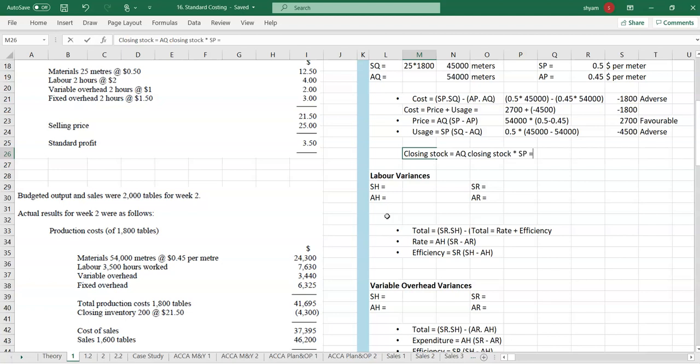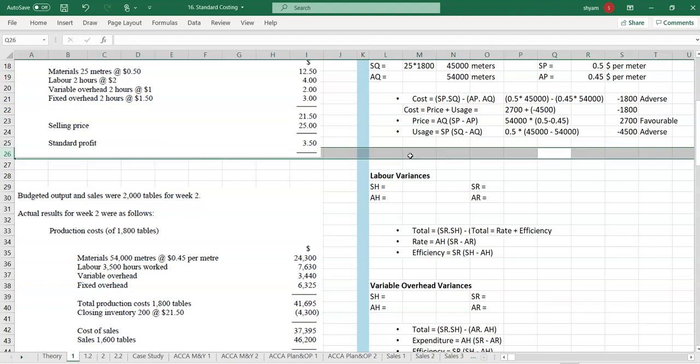It should be in standard price. So the formula would be, how many units are closing? 200 units are still pending, into what is the standard price. I think this closing inventory is for the total product, so it's not material, so we'll leave it. We'll move on to the next one.